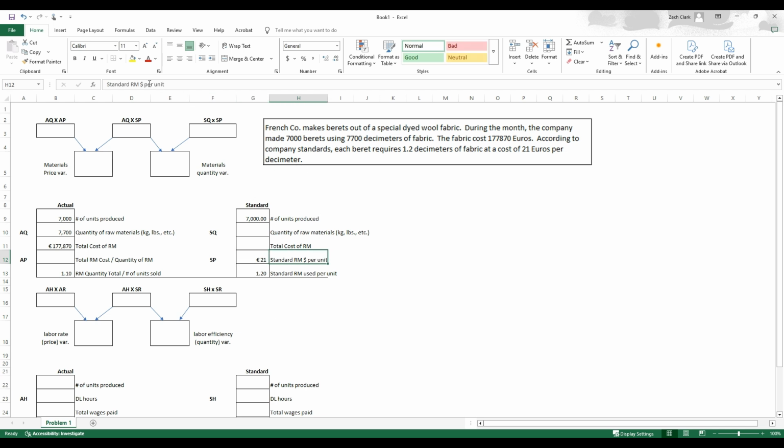Our total per unit then, not exactly 21 per unit produced, but rather 21 times 1.2, right? Because it costs us 21 per decimeter, but it's 1.2 decimeters per unit produced.